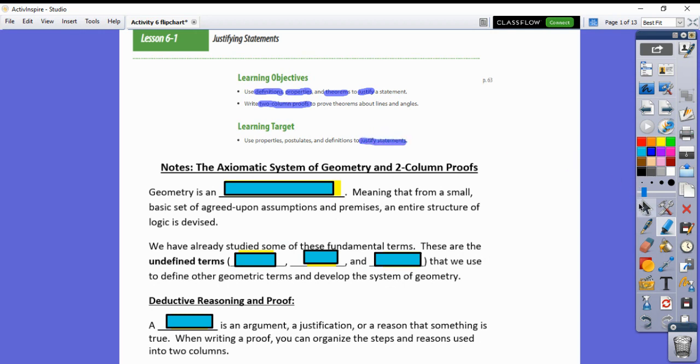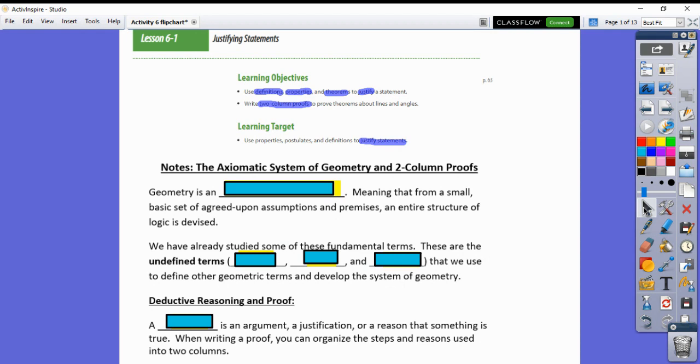We're going to talk about some ways that you can justify statements and also talk about some helpful hints for writing a two-column proof. So these are some outside notes outside of your ebook or the PDFs.